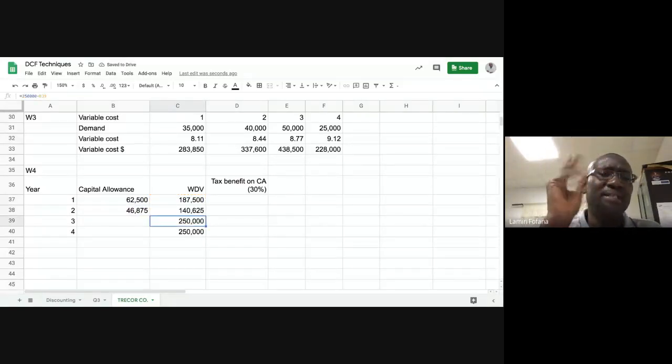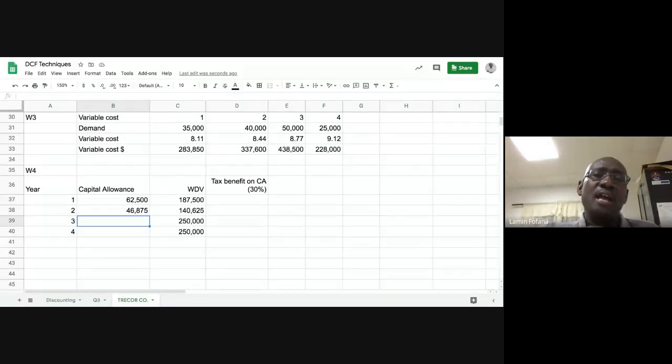Let's take it step by step, Amadou, okay? Step by step. So in year three, we'll have a remaining written down value of 140,625. So this 140,625, we're still going to apply our 25% capital allowance rate on it, so that we can get our capital allowance.